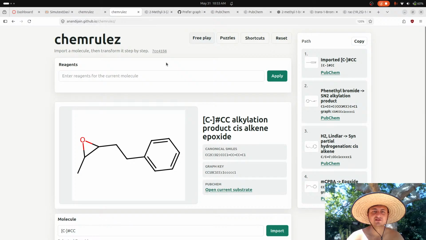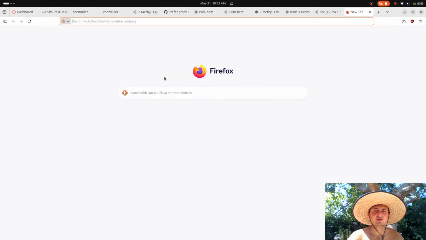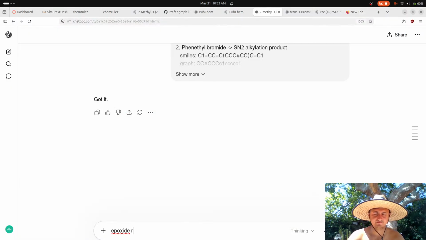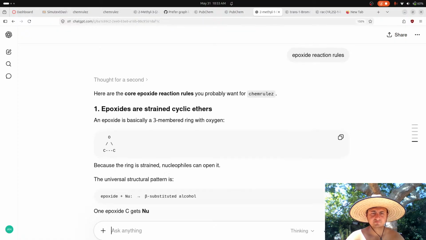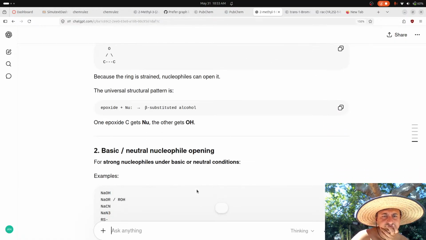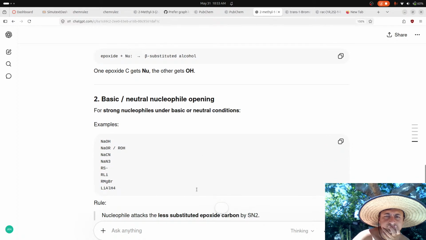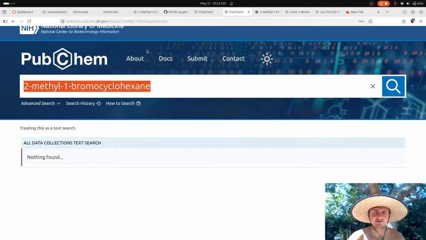Okay, cool. So now let's see, how do I open this up? H2O? Epoxide reactions. We can add an alcohol to it?